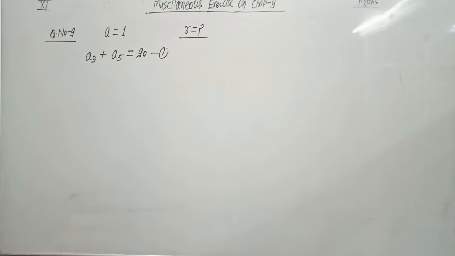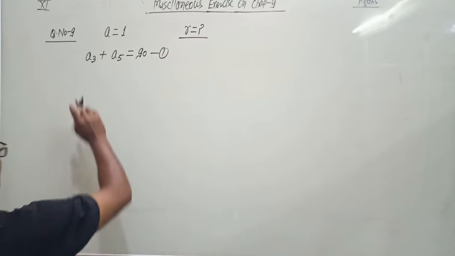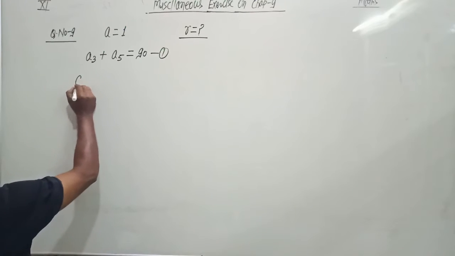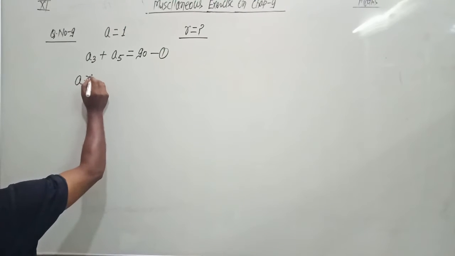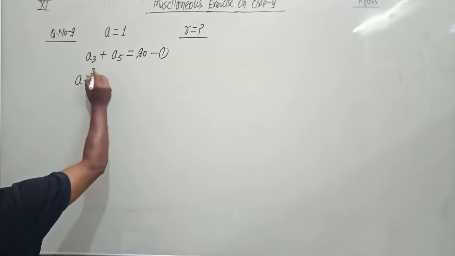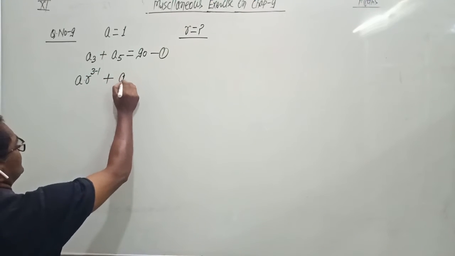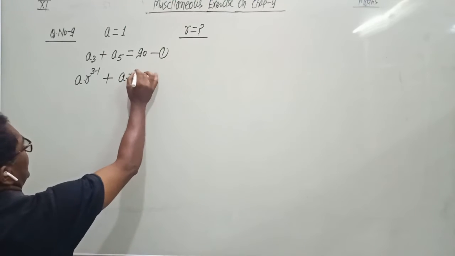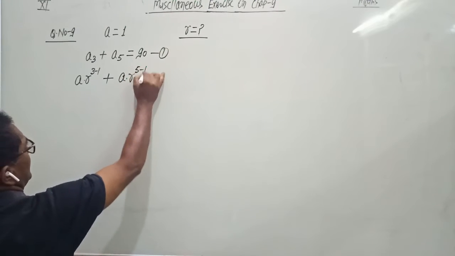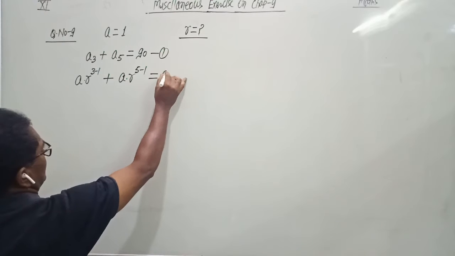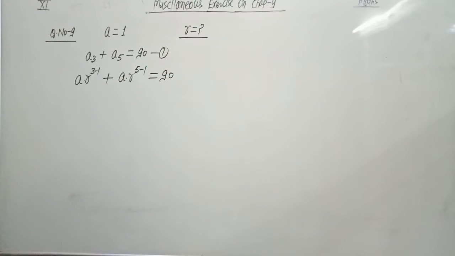So the third term a3 is calculated by a into r raised to the power 3 minus 1. a5 is calculated by a into r raised to the power 5 minus 1, and the sum equals 90.